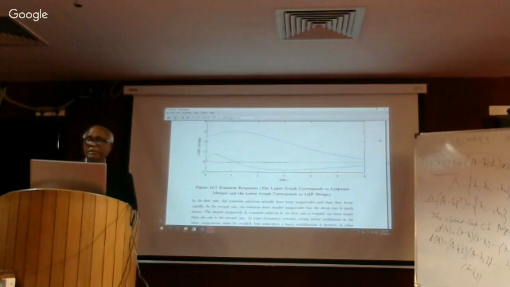You can see from here that the largest magnitude in the solution in the Lyapunov case is roughly 6 times larger than in the Riccati case.